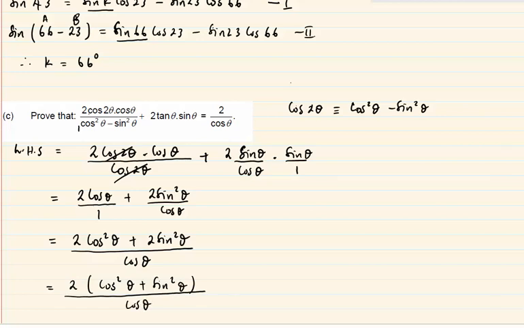But you know that cos squared theta plus sine squared theta is simply equal to 1. That's one of the Pythagorean identities. So 2 times 1 is going to give me 2, and that is over cos theta. And this thing is exactly equal to the right hand side, and so we've managed to show that that identity is true.